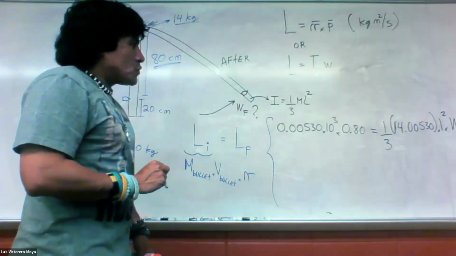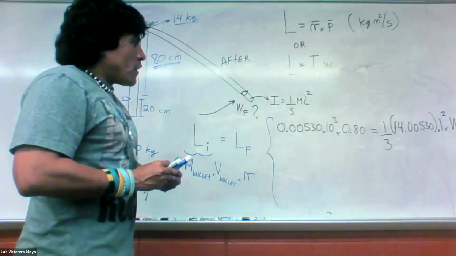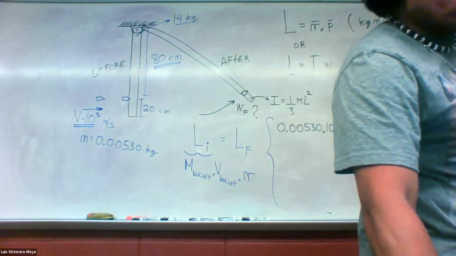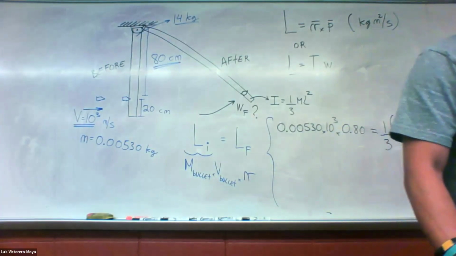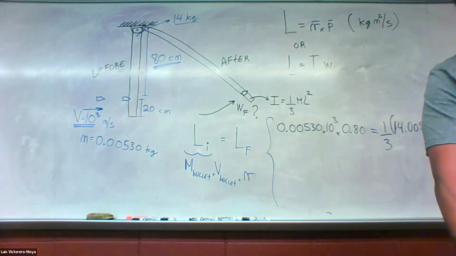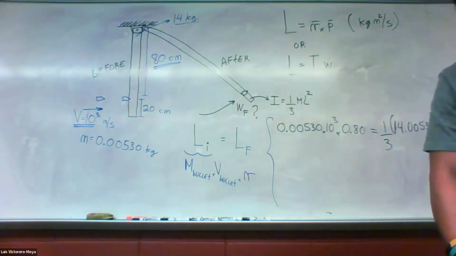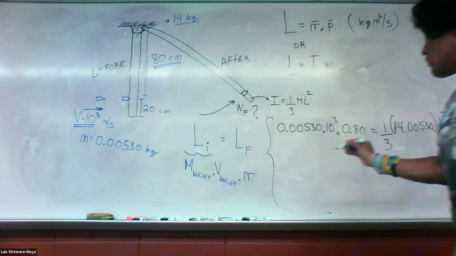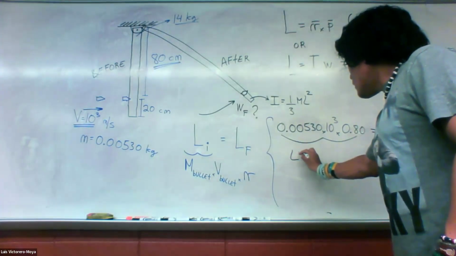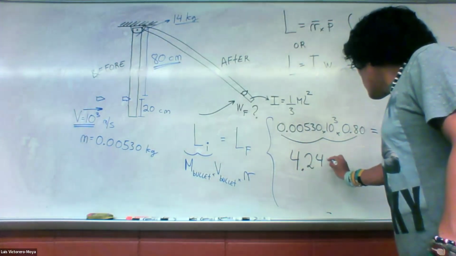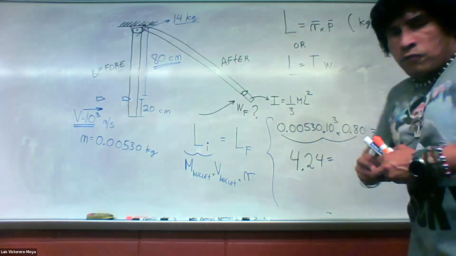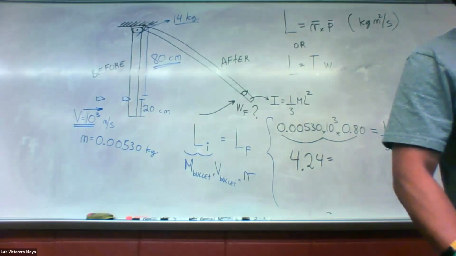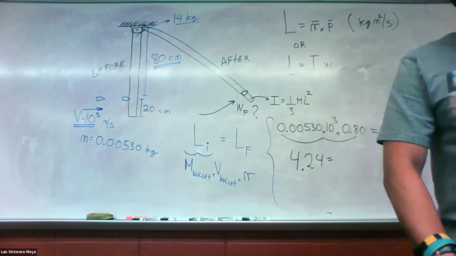So now I can just use the math, right? Let's find this. Let's find that. So 0.0053 times 1,000 times 0.8. That's 4.24. Let's see that. That's 14.005 divided by 3.